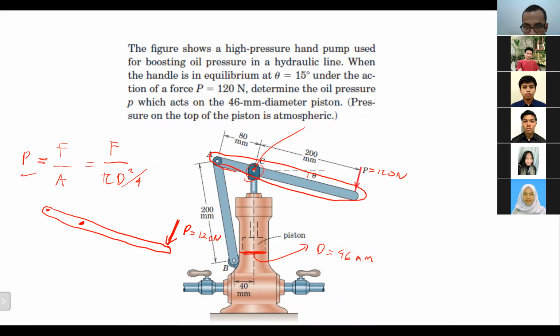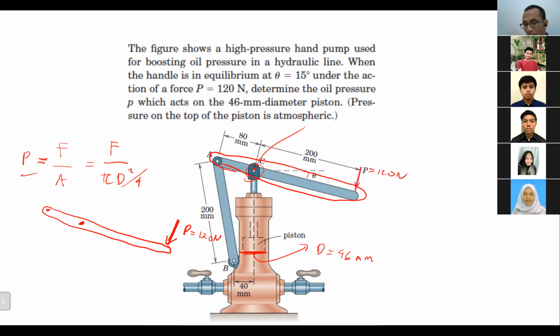I think at point C there are Cx and Cy. Why? Because the lever, I mean the pump, is not parallel to the x-axis. Actually, the reason is not like that. One of the main reasons is that there is a joint there, there is a pin there, right?